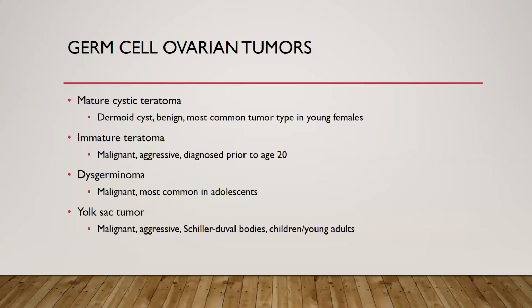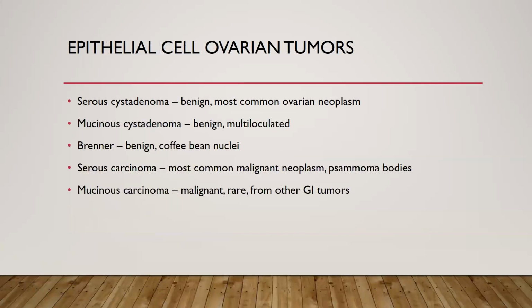So if we go back and look at our ovarian tumors as a whole, the ones I would pay attention to and remember of your epithelial cell ovarian tumors, know your serous cystadenoma and your serous carcinoma. This one being the benign, this one being the malignant.